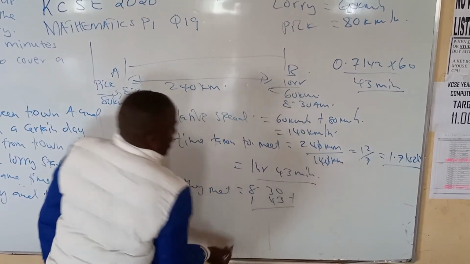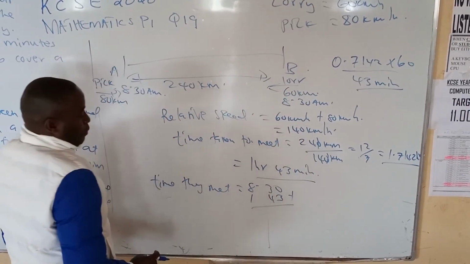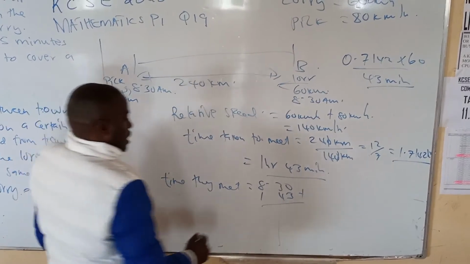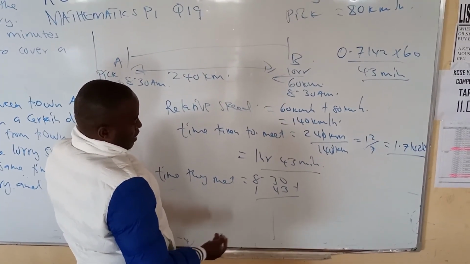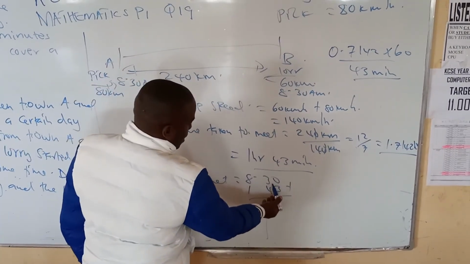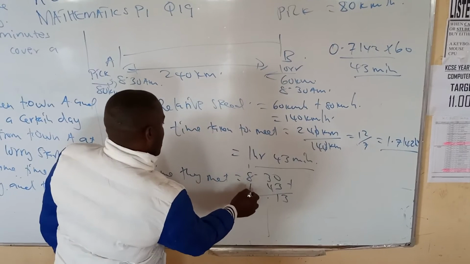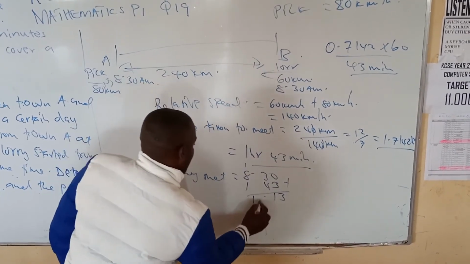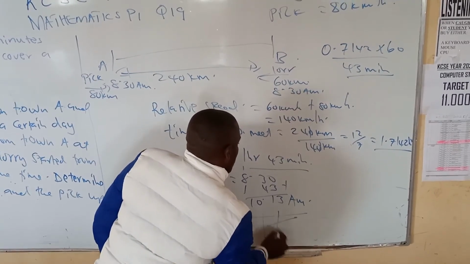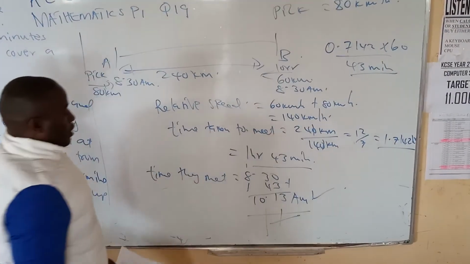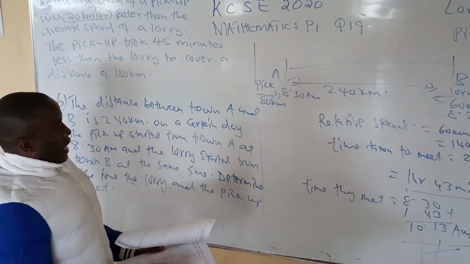When we add here, this gives you 73 minutes. So you subtract 60, because 1 hour is 60 minutes, and you remain with 13. You carry 1 hour here, so we shall have 10. So it is 10:13 a.m. That is when the two vehicles met.